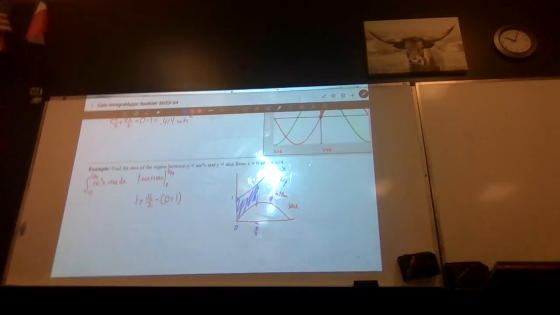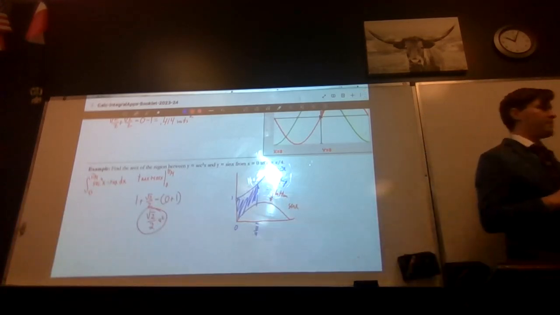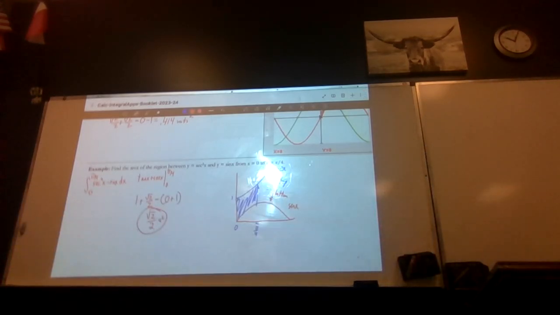So we get 1 plus root 2 over 2 minus 0 plus 1, which is equal to root 2 over 2 units squared. Or you could say 0.707 units squared as well.